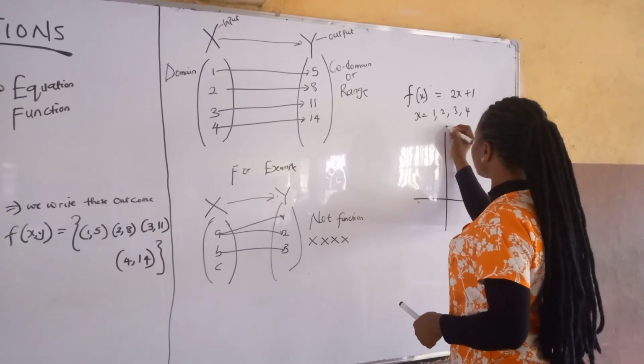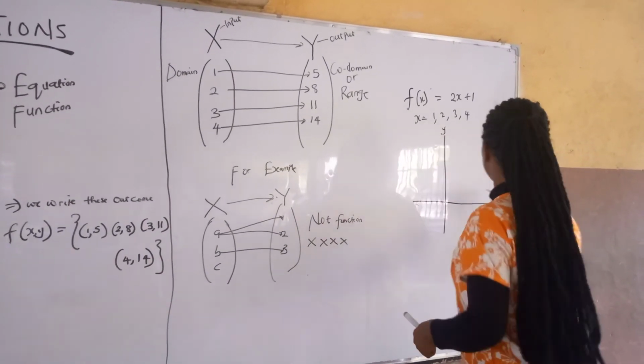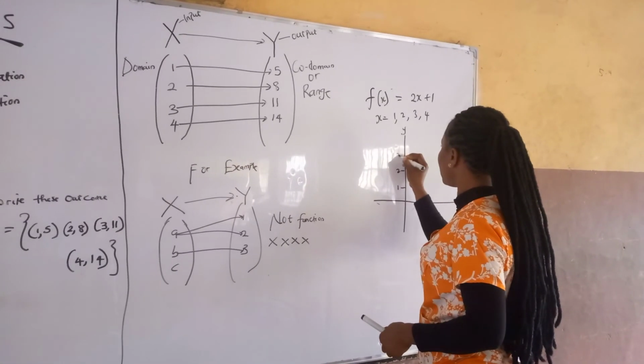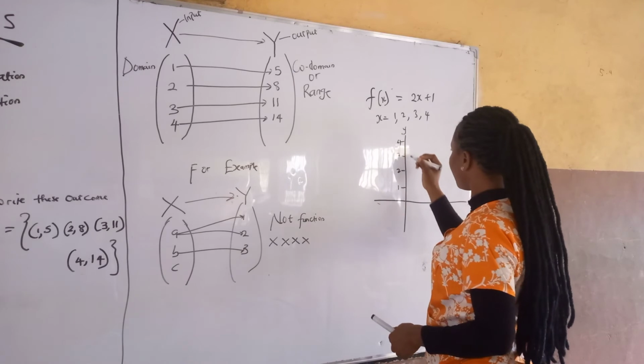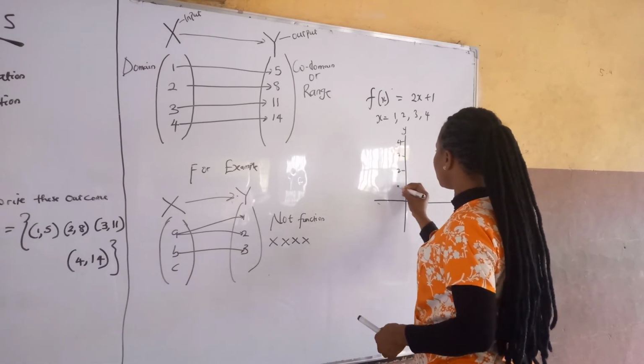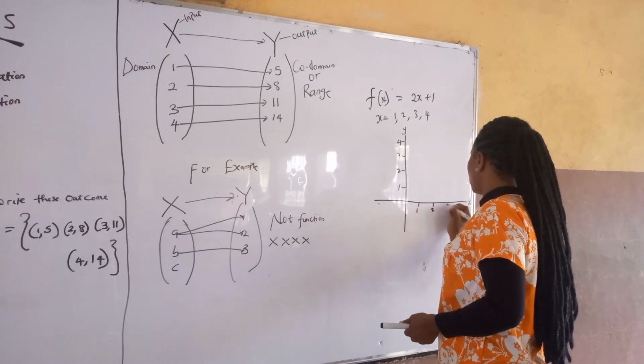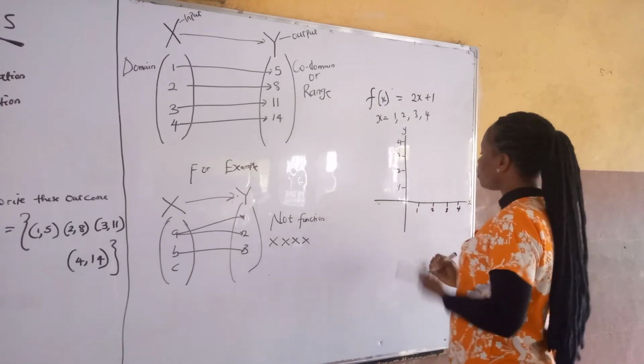We call this one the y, which is the outcome. We call this one the x. We label it 1, 2, 3, 4. Or we can take even numbers here. Okay, let it be like this. We have here 1, 2, 3, 4.